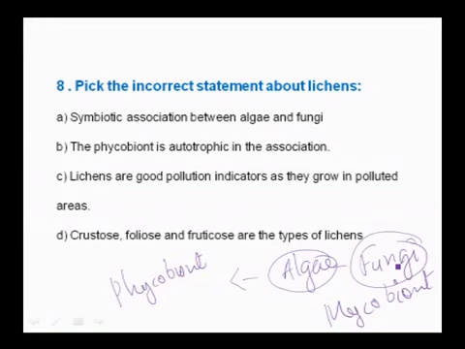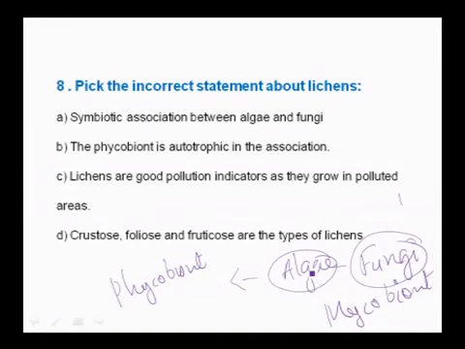So what is the use of this association? Here, when the algal cells and the fungal filaments are in an associated form, fungi can absorb water and minerals and provide them to algae. Whereas algae have the capacity to photosynthesize.